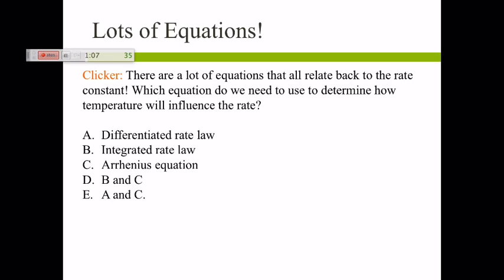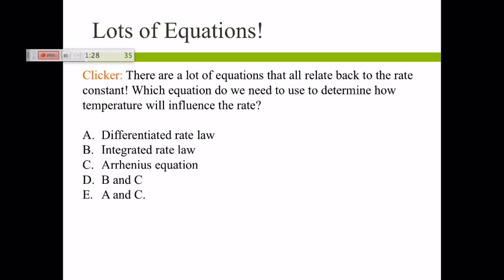Okay, so concentration, and the rate order helps us relate that. What are the two major things we're comparing? What influences what? Mia? Rate and concentration. The rate of a reaction and the concentration of the reactant. That is what a differentiated rate law allows us to do. Rate order influences how that relationship exists.